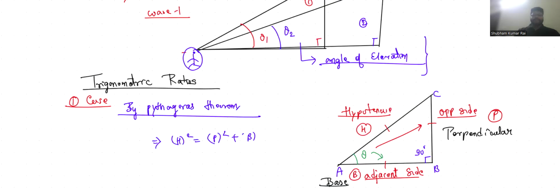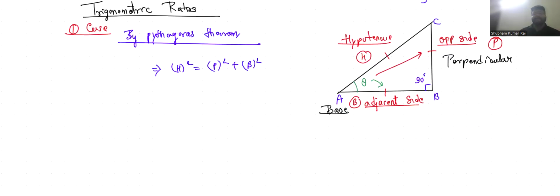Here we are having the reference angle as angle A. If we substitute the values, the hypotenuse is AC square, perpendicular is BC square, and base is AB square.